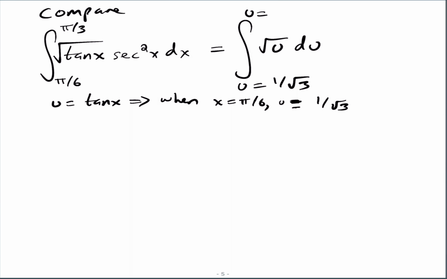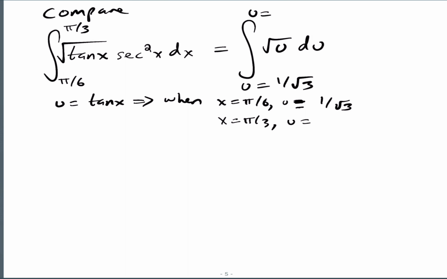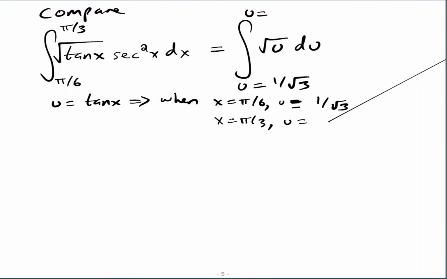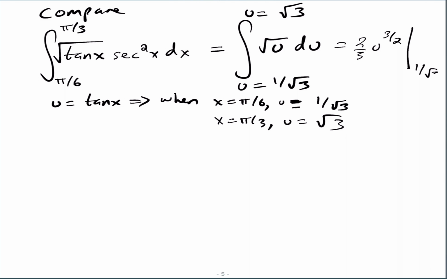And then when x is pi over 3, u is equal to, it's good trig practice, root 3. Yep. Whoa, wowzers. Root 3. Okay. And then you would do whatever, right? So same thing, right? 2/3 u to the 3 halves from 1 over root 3 to root 3. And then whatever you get there, right?